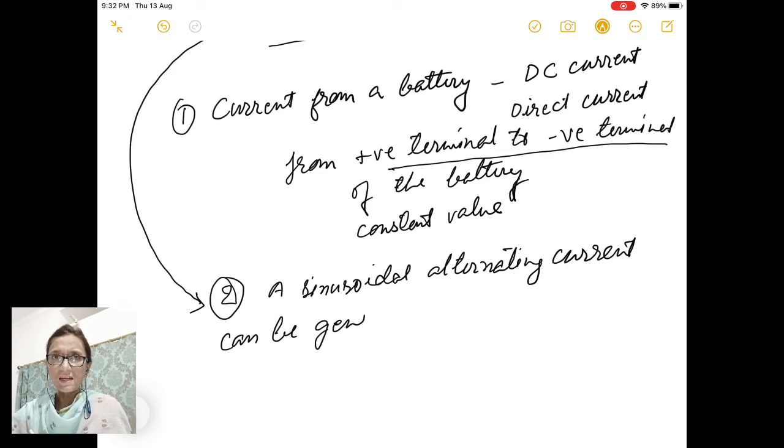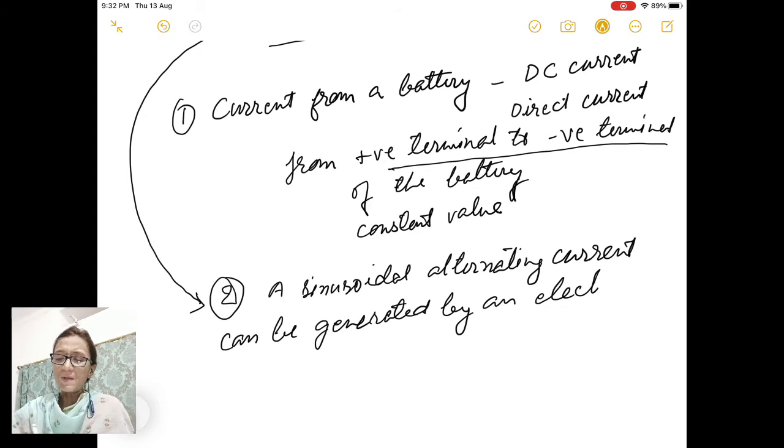We will be studying this sinusoidally varying current in this chapter, which can be generated by an electric generator.